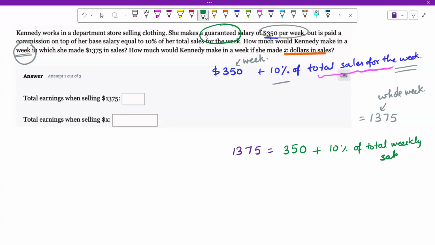It is possible she sold 50 clothing, or 60, 70, or maybe only 5. So total sales can vary. That's what they are saying: how much would Kennedy make in a week if she made X dollars in sales? So she has made X dollars in sales.